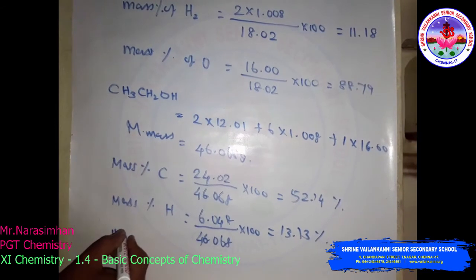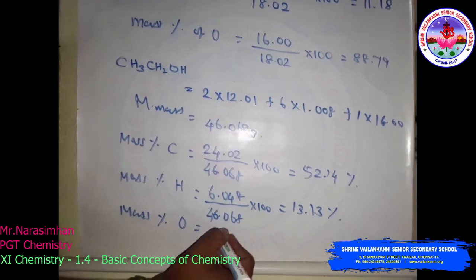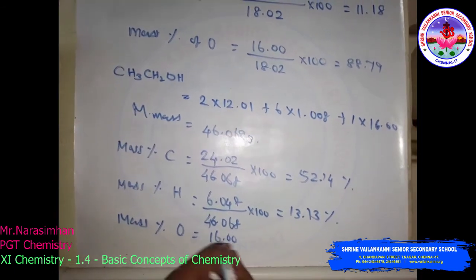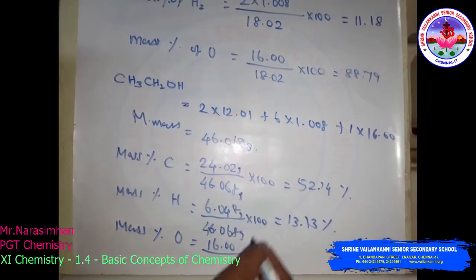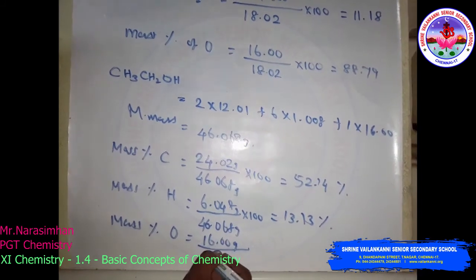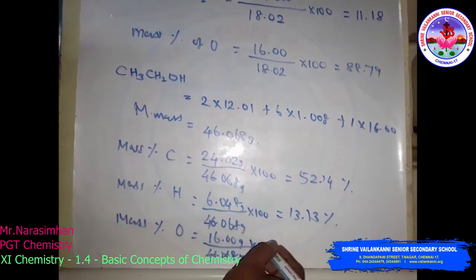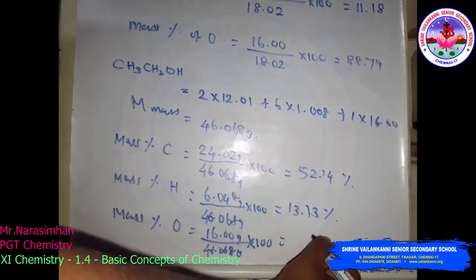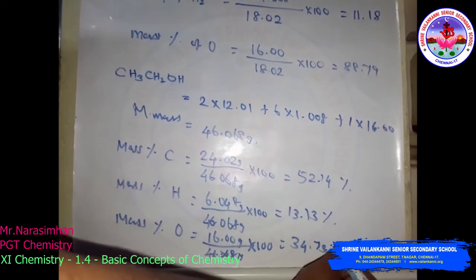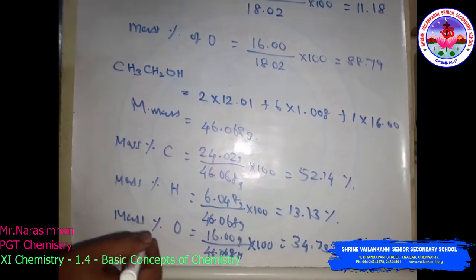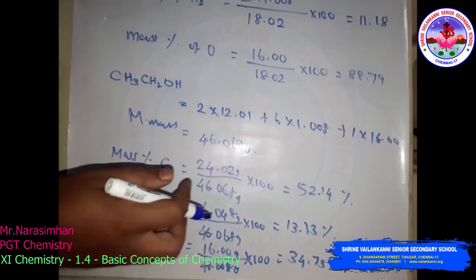Then the mass percentage of oxygen: simply 16.0, only one atom, everything here is in gram, divided by 46.068 gram, into 100. You will be getting 34.73 percent. So this is the way of finding percentage composition.